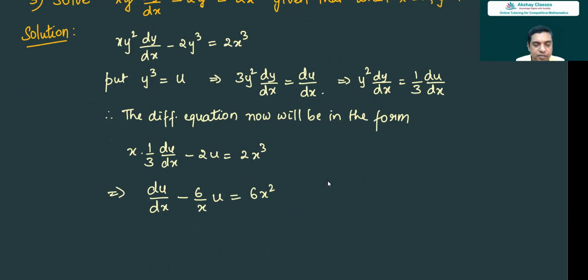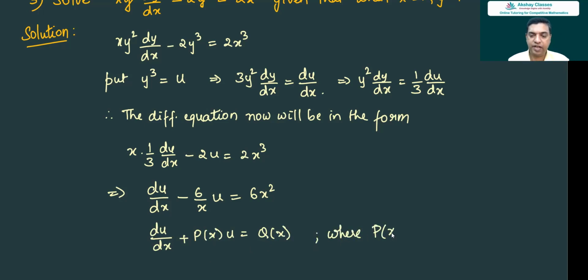So this is of the form du by dx plus p of x times u is equal to q of x, where p of x is equal to minus 6 upon x and q of x is equal to 6x square.